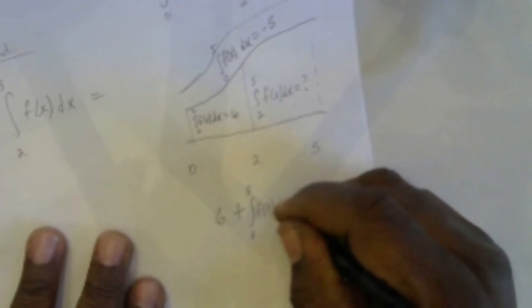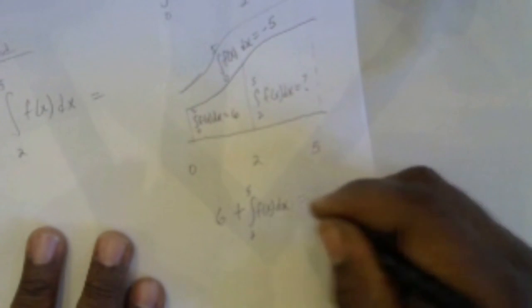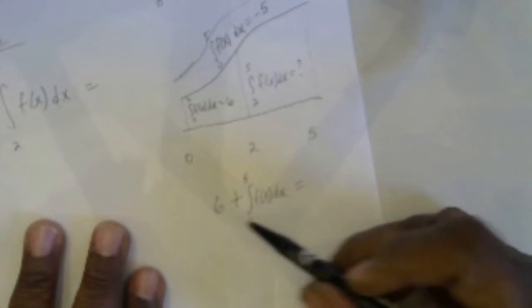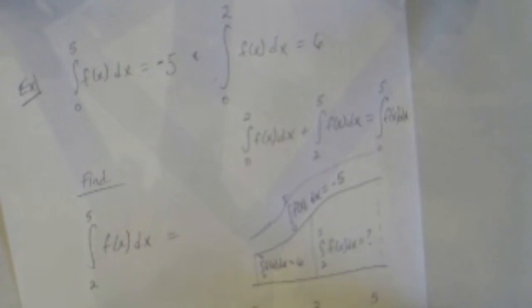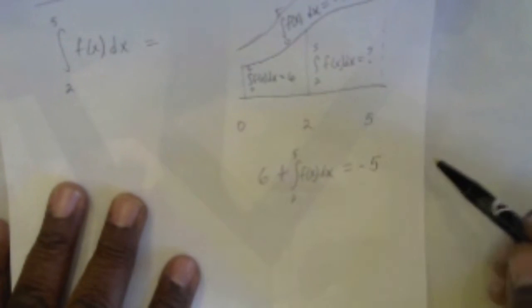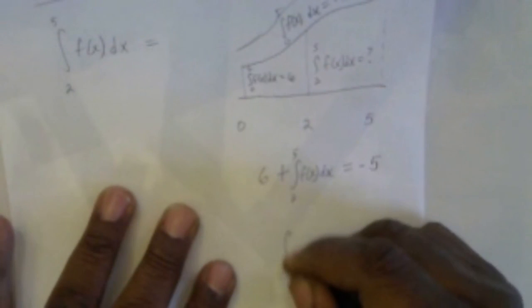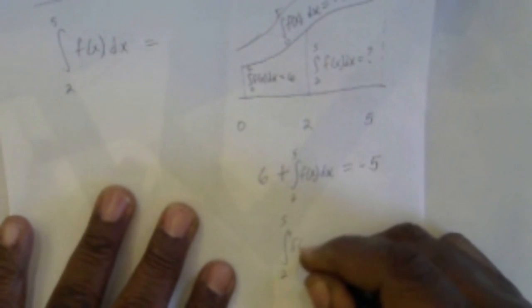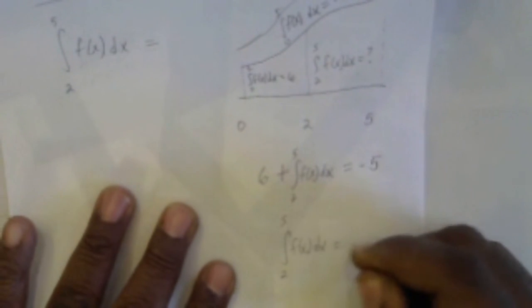If I add these two things together, I should get -5. Now I'm simply going to solve it. I subtract 6 from both sides, so the integral from 2 to 5 for f of x dx should equal -11.